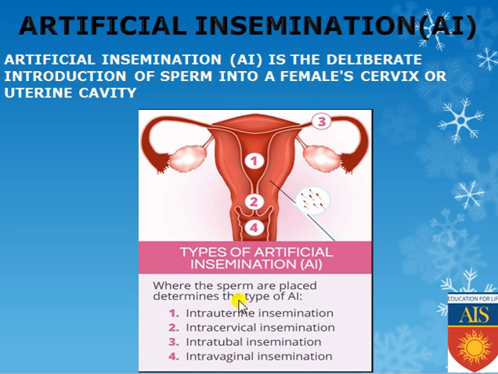And at last, if the sperm is introduced in the vaginal canal, then it is known as intravaginal insemination. Which specific type of insemination will be performed by the doctor depends on the structure of the female reproductive system entirely.